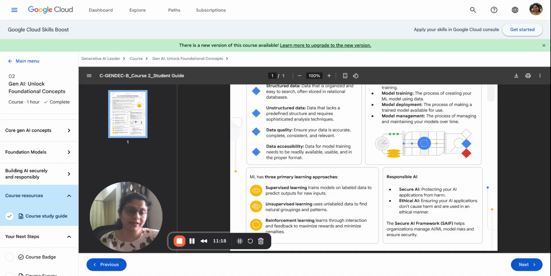When we say supervised learning, it trains the model on labeled data to predict output for new inputs. And unsupervised learning uses unlabeled data. So you can just remember the key taglines: supervised learning is equal to labeled data and unsupervised learning is equal to unlabeled data.